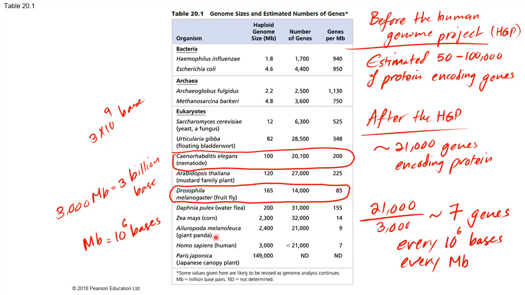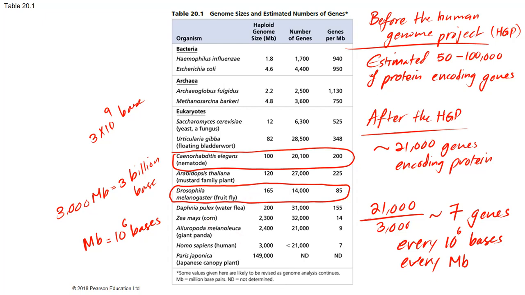Also, we have large non-coding sequences between genes in humans, for example, or in higher organisms.